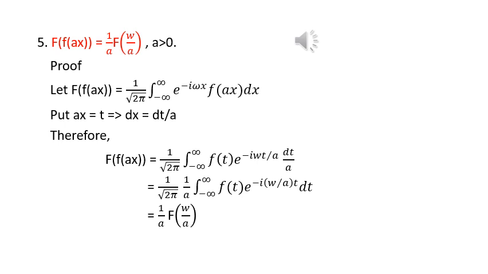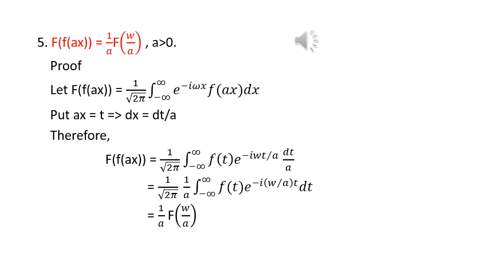Therefore, Fourier transform of f of ax is equal to 1 by root 2 pi integral minus infinity to infinity f of t e raised to minus I omega t by a into dt by a. That is, instead of dx it is dt by a, and instead of x it is t by a.